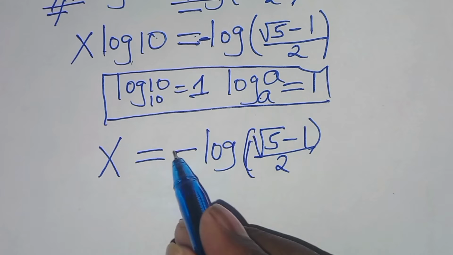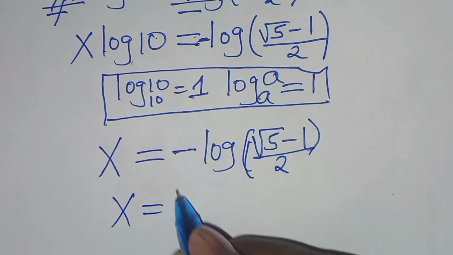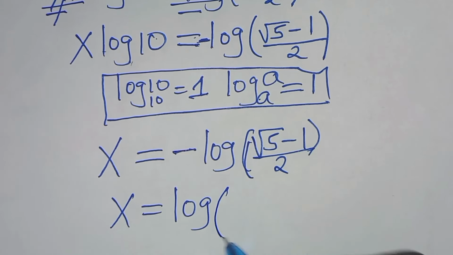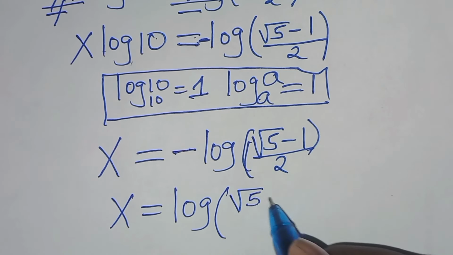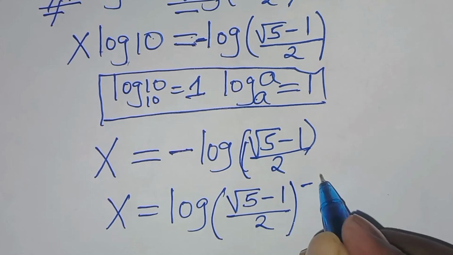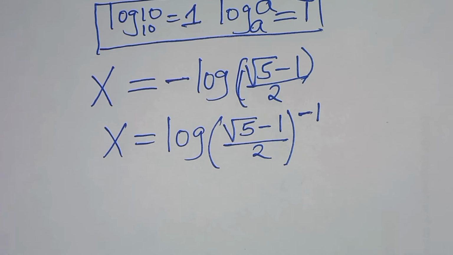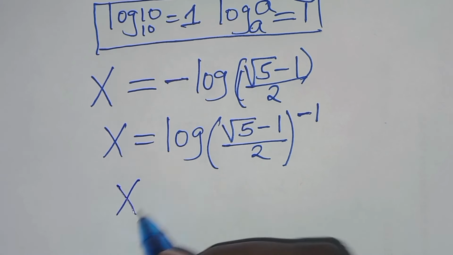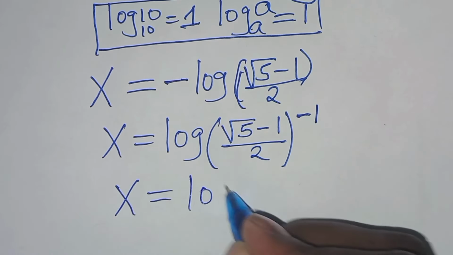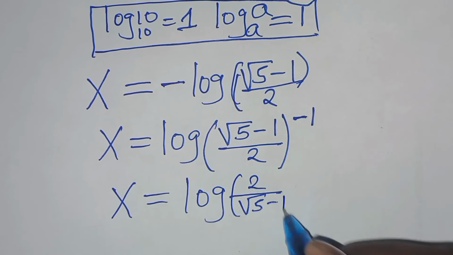Since this is a power, we can express this as x equal to log of square root of 5 minus 1 over 2, all this raised to the power negative 1, which we can express as log of 2 over square root of 5 minus 1.